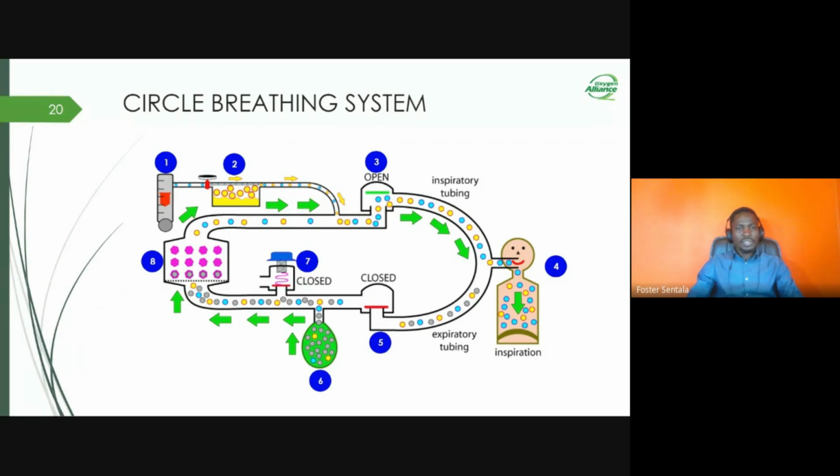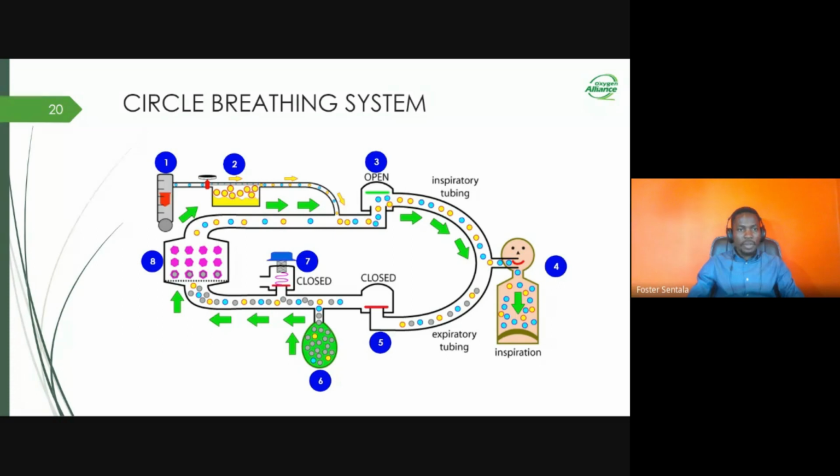On three, that is the inspiratory valve, and on point number five, that is the expiratory valve. And on six, that is where you have the reservoir bag, and in our case, that is where the bellows are put, and that is also where you connect the mechanical ventilators. On 8, that is where you have the carbon dioxide canisters.